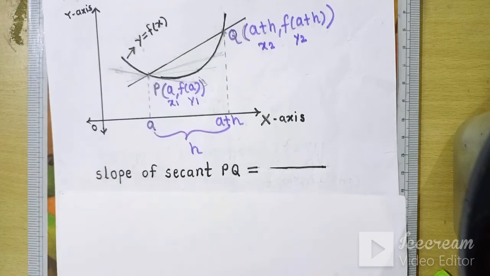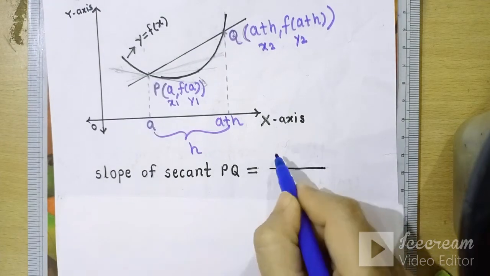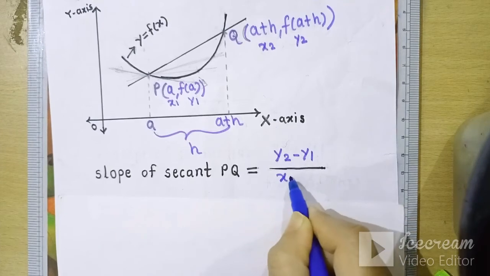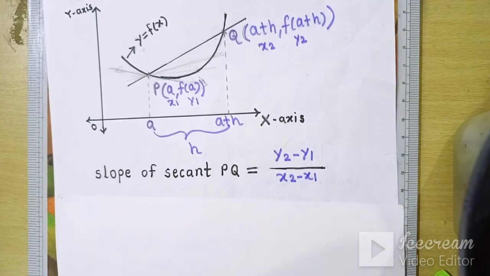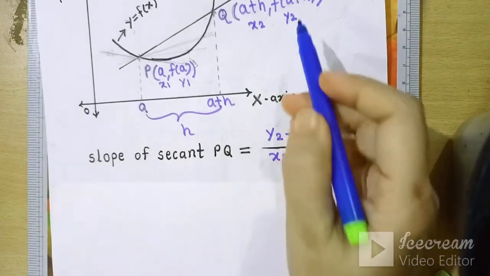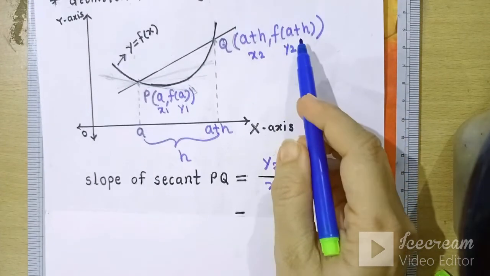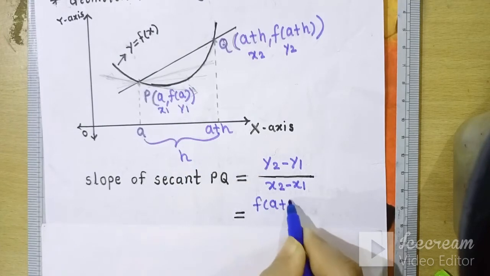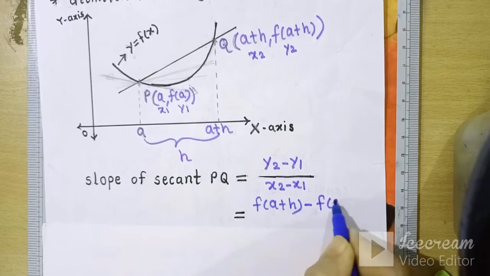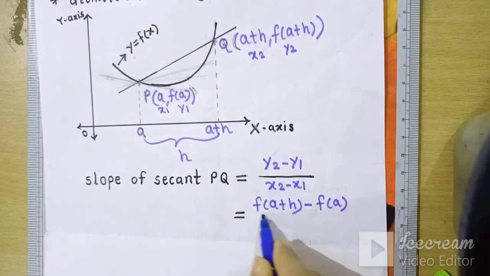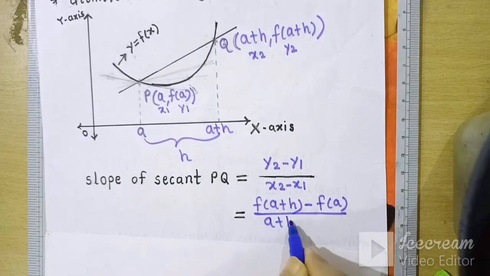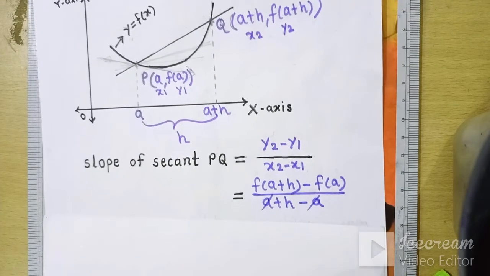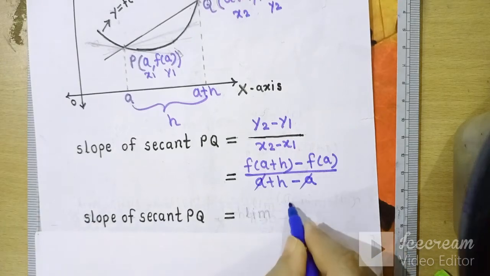So the slope of secant PQ, we know the formula, is y2 minus y1 upon x2 minus x1. That is equal to, y2 means f of a plus h, y1 means f of a. So f of a plus h minus f of a, and x2 minus x1 means a plus h minus a. So this plus a minus a get cancelled, and what is remaining?